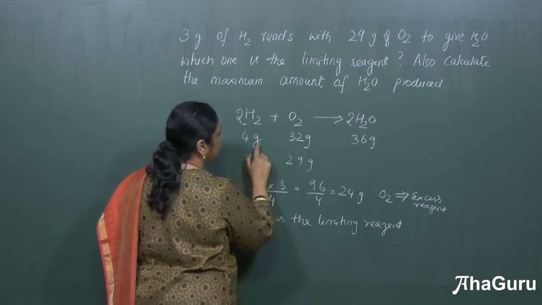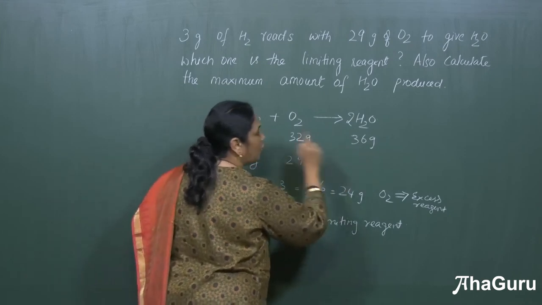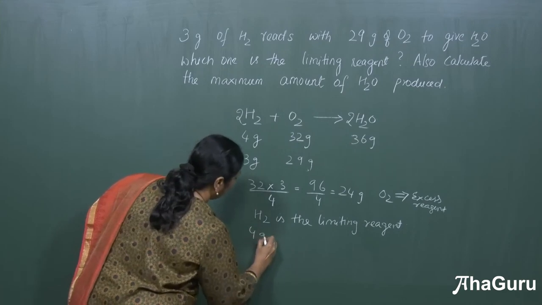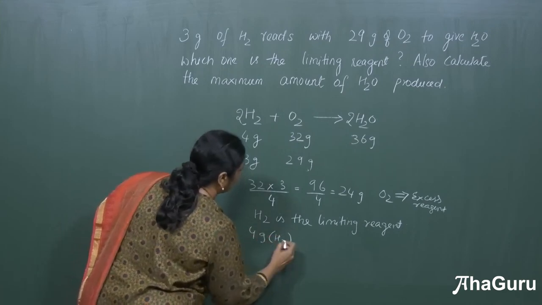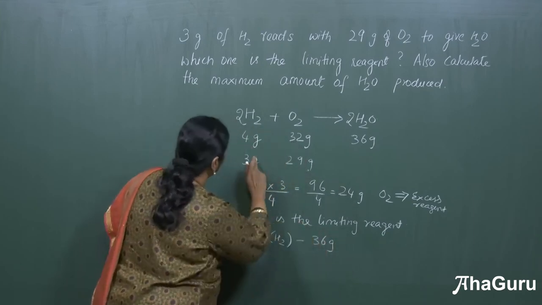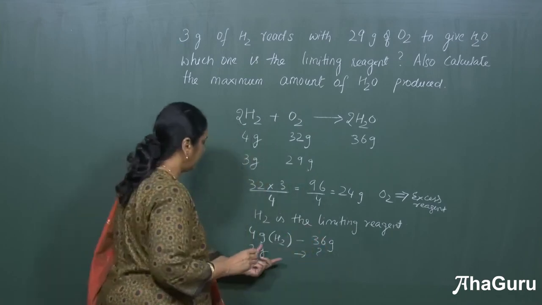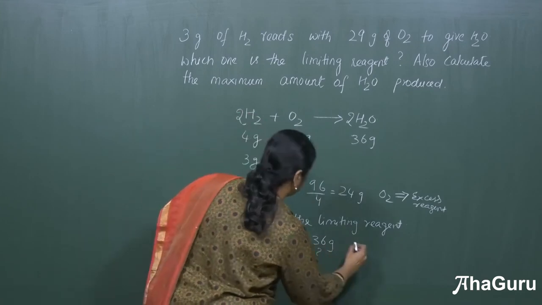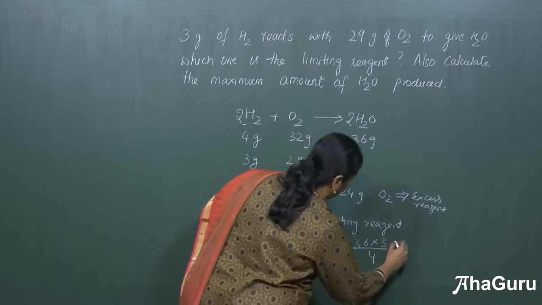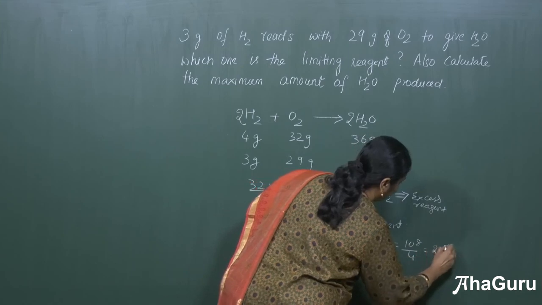So 4 grams will produce 36 grams of water. That means 3 grams would produce how much water? The next step: 4 grams of H2 will produce 36 grams. Here they have given 3 grams of H2, which will give you how much water? So this would be 36 into 3 divided by 4, which is 108 by 4, which is equal to 27.